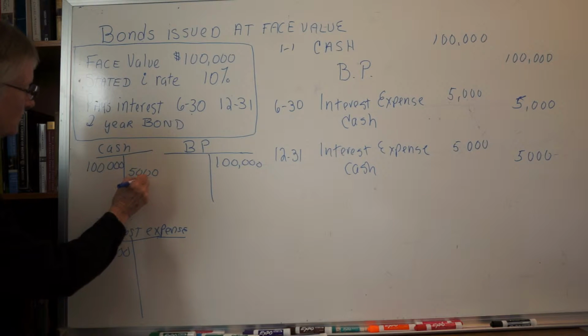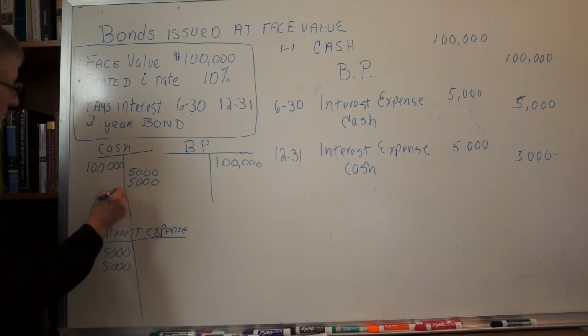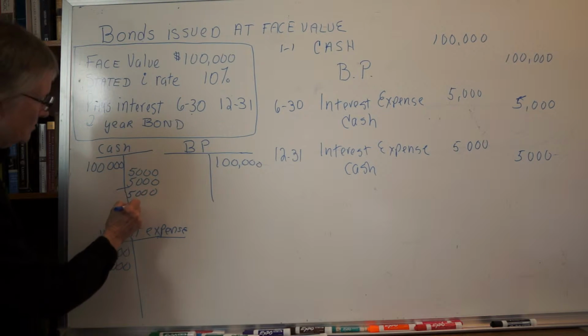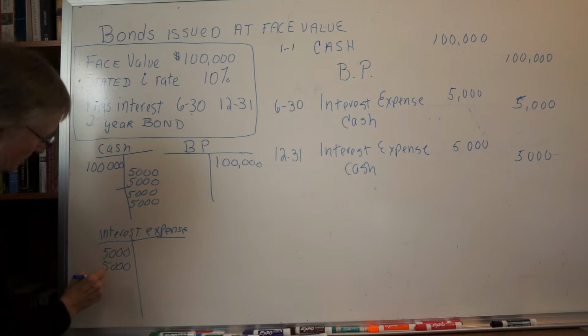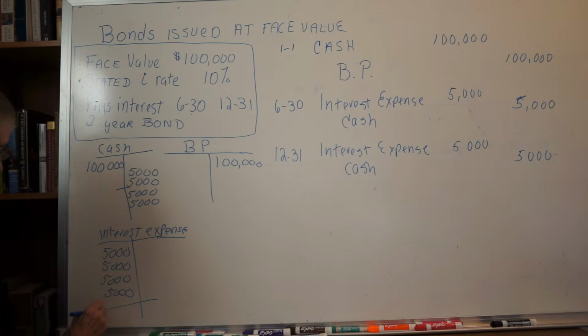And at 12/31, interest expense for 12/31, that's the end of year 1. And then year 2, we go same thing. The books would have been closed here, but I'm just showing you how this works. So over the life of the bond, our interest expense is $20,000.